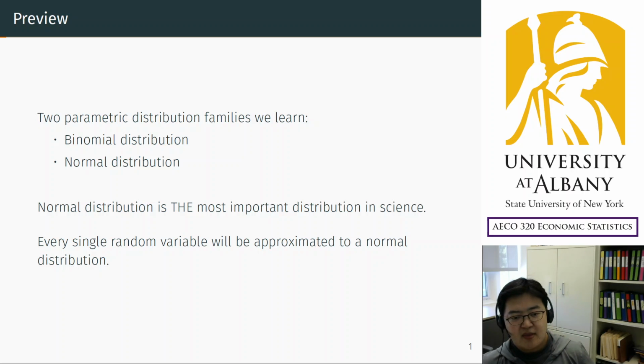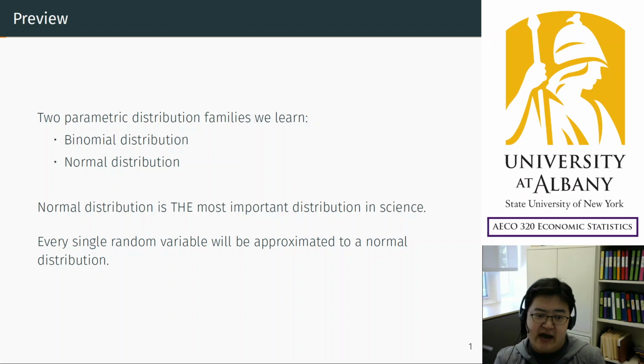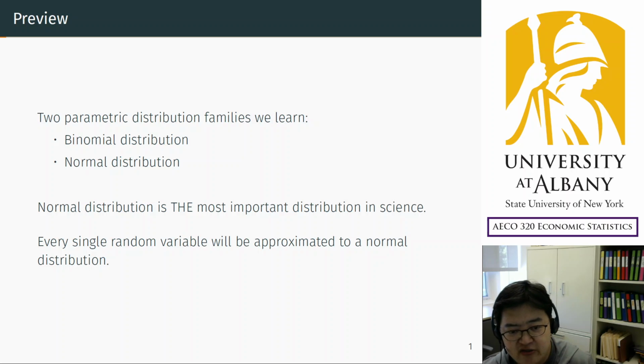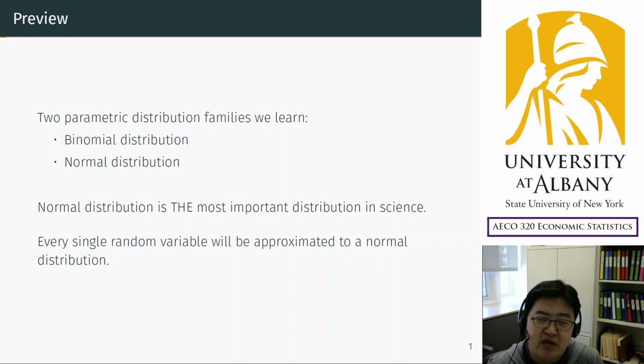And I'm saying it now: every random variable, every single randomness from this chapter and the following chapters will be approximated by a normal distribution. So from now on, the normal distribution is the only distribution we are going to use.